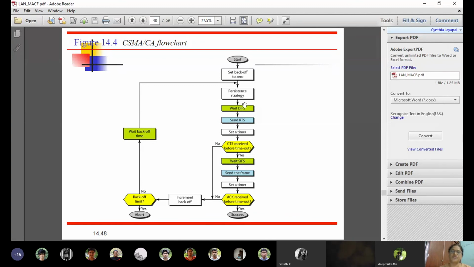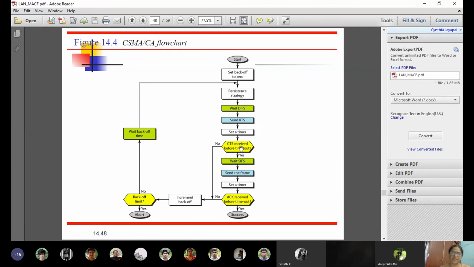So in the case of a wireless channel, you have a number of time intervals. Say, as the backoff timer, you wait for some random time before transmitting, and you wait for a SIFS or DIFS time interval before doing anything. Each one has a different value. Initially it will wait for the channel, check if the channel is free, then wait for the DIFS time interval, send the request to send packet, start a timer, and wait for the CTS packet.